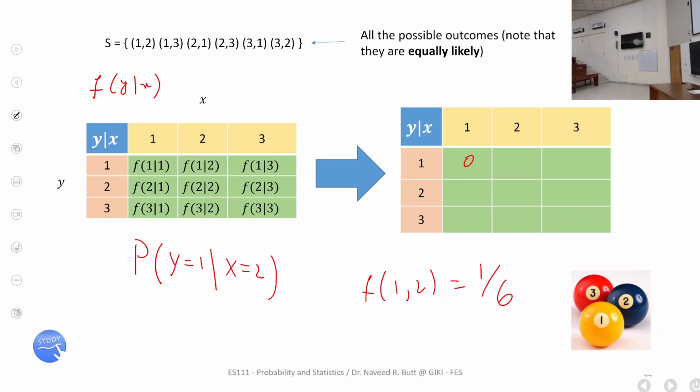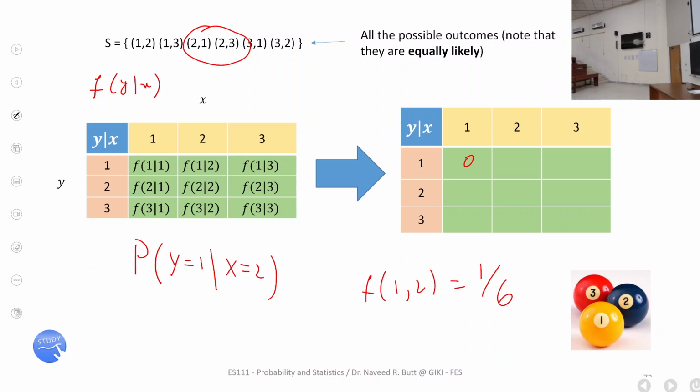In the first column, the second. Yes, from here to here. Third and fourth. Yes? These are the only cases where this is satisfied. Now you are told that the first ball showed a 2.